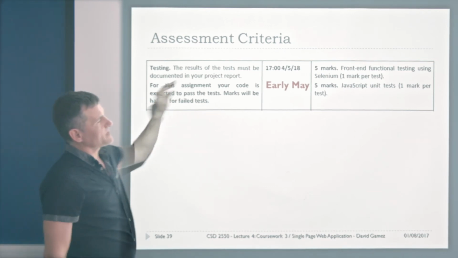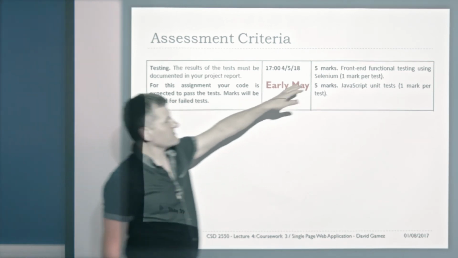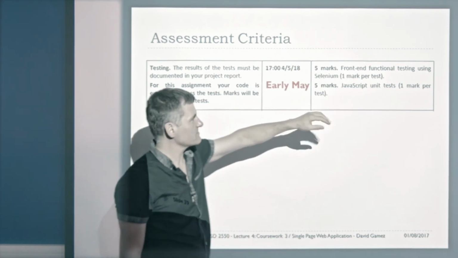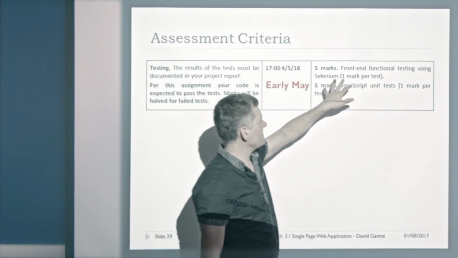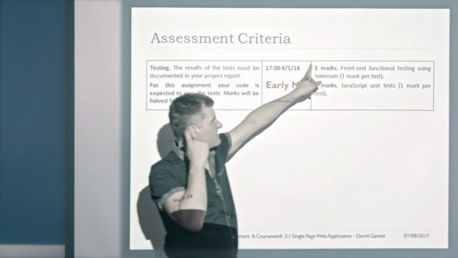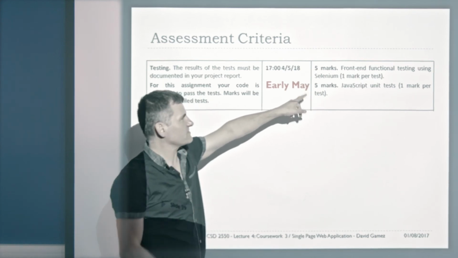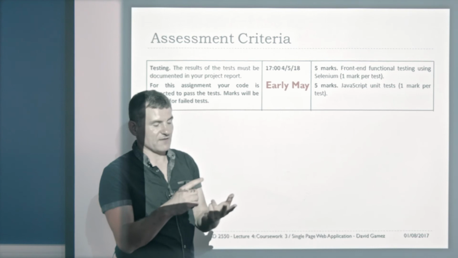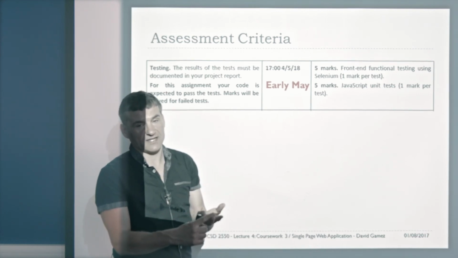So in this case, there's 5 marks for front-end functional testing using Selenium with 1 mark per test, and 5 marks for JavaScript unit tests with 1 mark per test. Now you'll get these 5 marks for Selenium and 5 marks for JavaScript unit tests if you write a test and if your code passes those tests, okay?